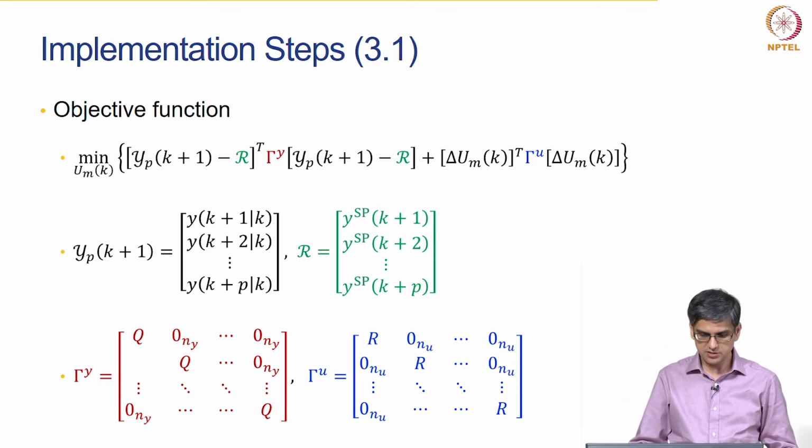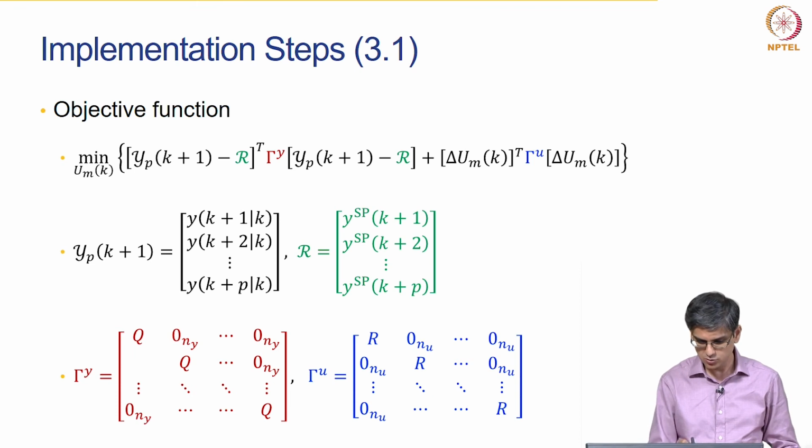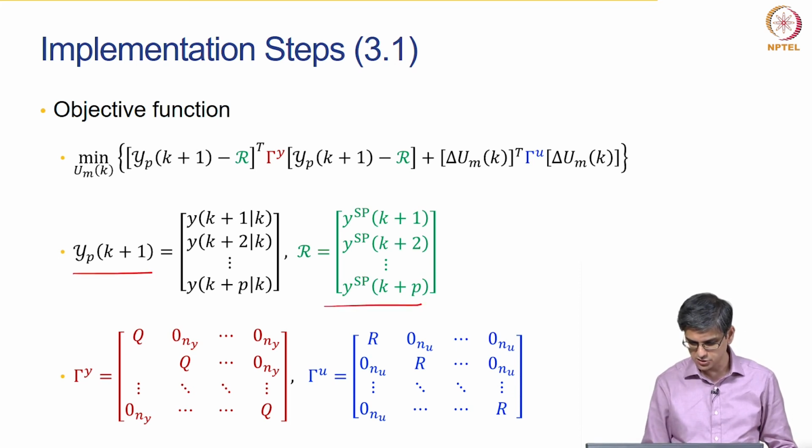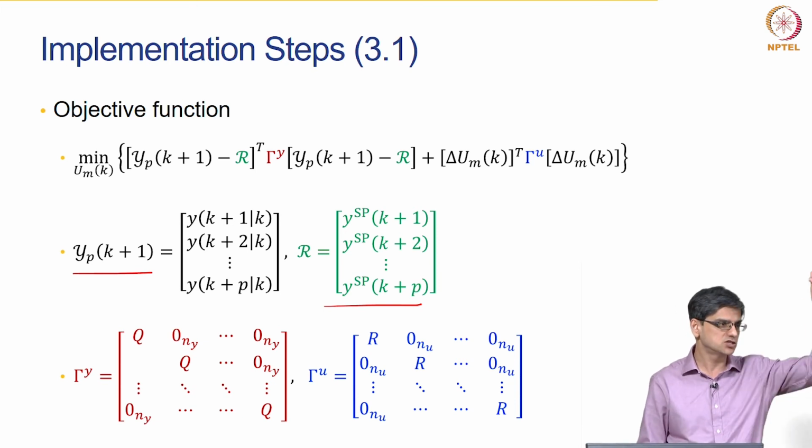Next, objective function. Again we have covered the objective function in the previous lecture. It is a quadratic objective function in this form and you will be able to rewrite it, and when you rewrite it, now these are the definitions. This is the definition of your yp, this is your r. There was a question, does r have to be a constant value?